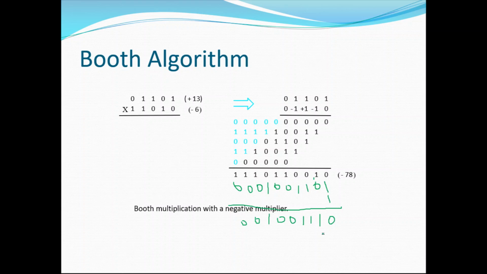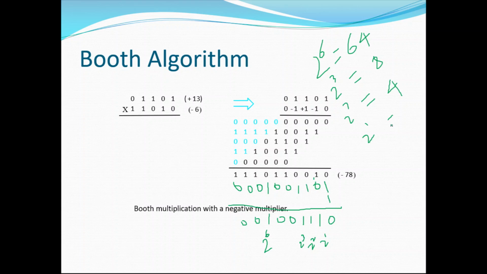Now let us see what this is. This is 2 to the power 1, this is 2 to the power 2, this is 2 to the power 3, 2 to the power 4, 5 and 6. Previously we have seen that 2 to the power 5 is 32, so 2 to the power 6 is nothing but 64. 2 to the power 3 is 8. 2 to the power 2 is 4. 2 to the power 1 is 2.